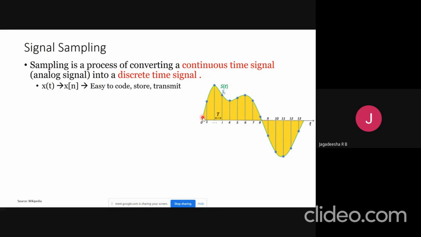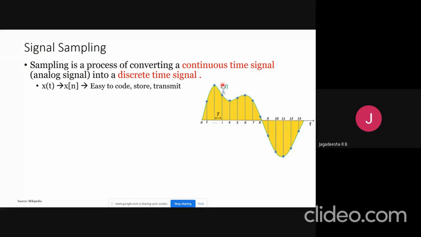For example, here is 0, and the next instant you have 0.0001, 0.002, and so on, up to 1. We can divide this time into an infinite number of divisions and observe the amplitude at each point. That is the story of a continuous time signal.